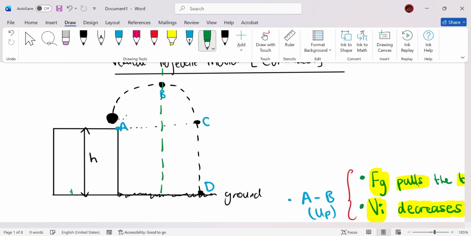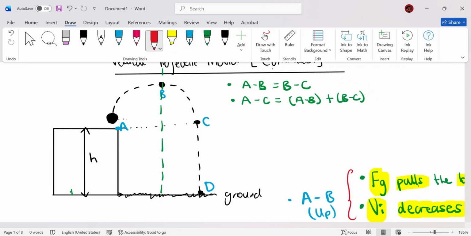And I should know that the time it takes to move from A to B must be equal to the time it takes to move from B to C. And obviously, once again, the time it takes to move from A to C must be equal to the time it takes to move from A to B plus the time it takes to move from B to C. This is when we are talking about delta T in particular. It should be delta T according to time symmetry.